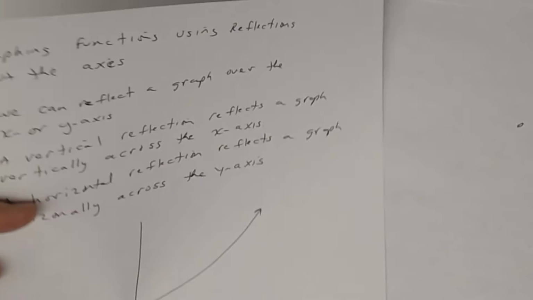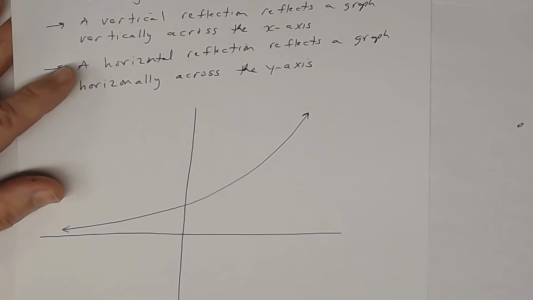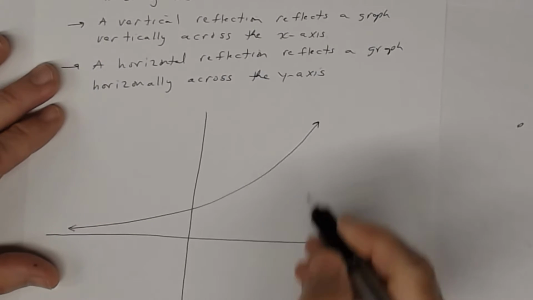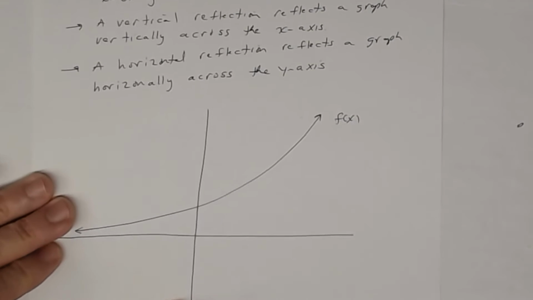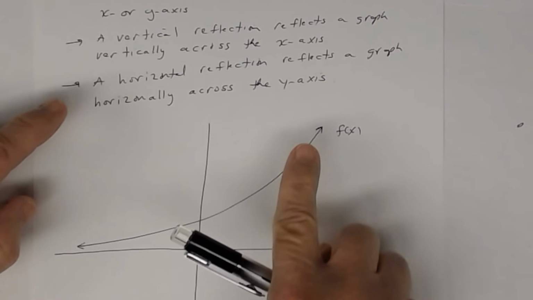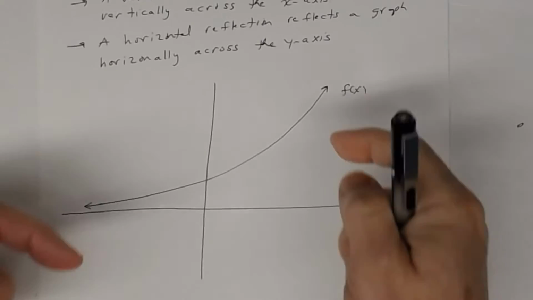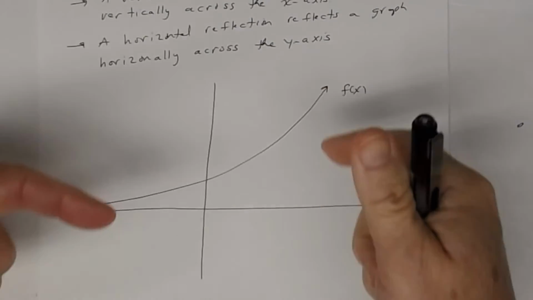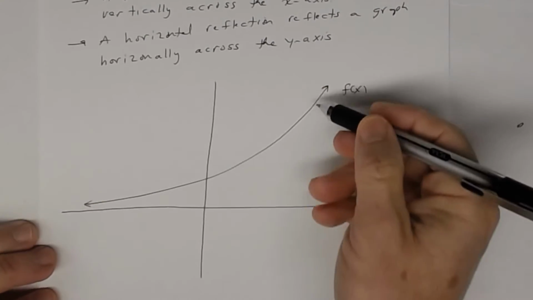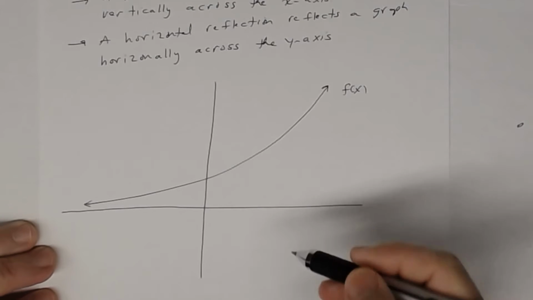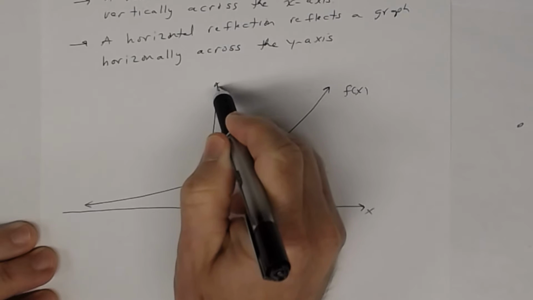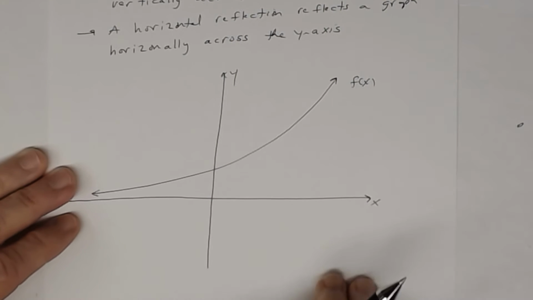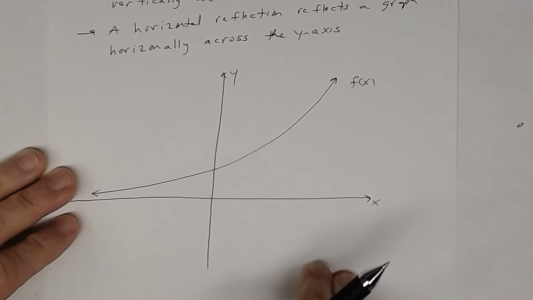If I have this function, let's say this is the function f of x, and it looks like this. If I do a vertical reflection, remember vertical is up and down, you reflect it about the x-axis. X-axis, y-axis. So vertical reflects it about the x-axis.